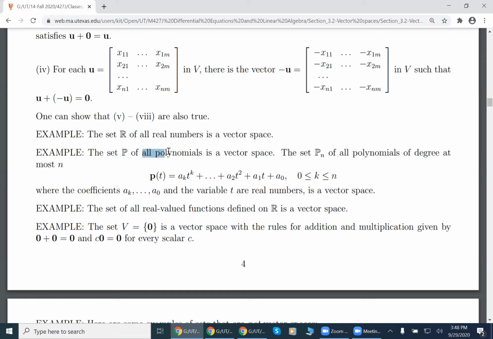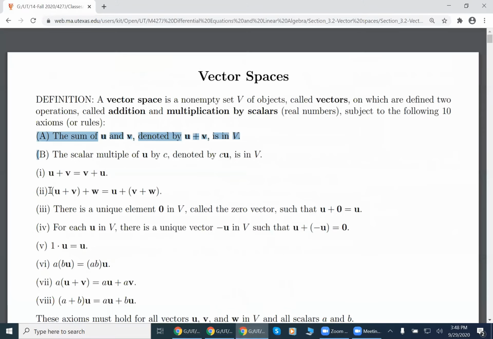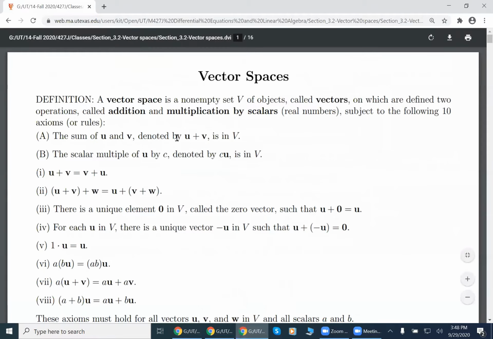Next example. The set of all polynomials is a vector space, which means one can show that polynomials with usual addition and multiplication by a scalar satisfy all 10 axioms again. Because once again, polynomial plus polynomial is a polynomial.